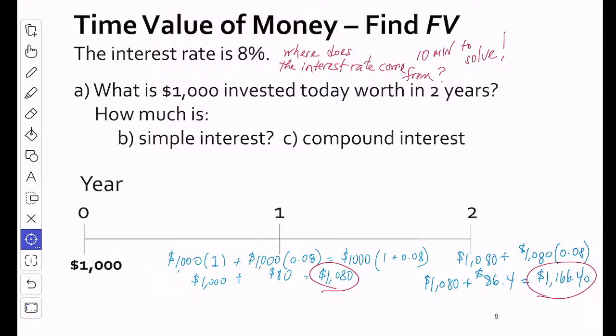Okay, so what I want to show you is just like I did before, I can put this together. This one is the same as before.